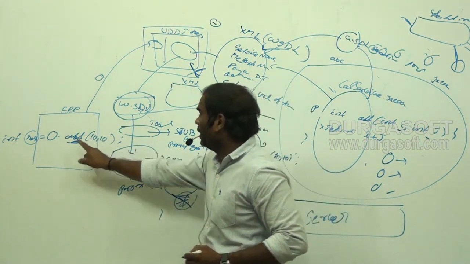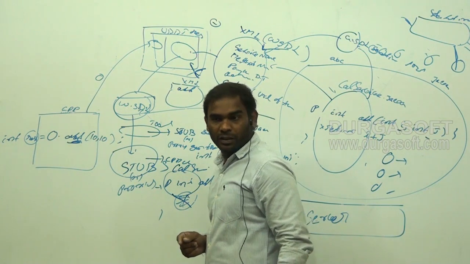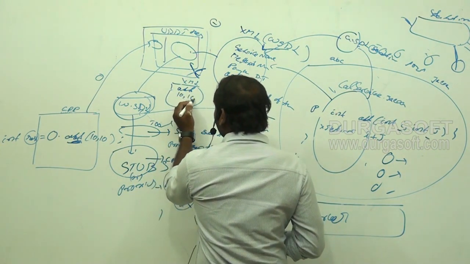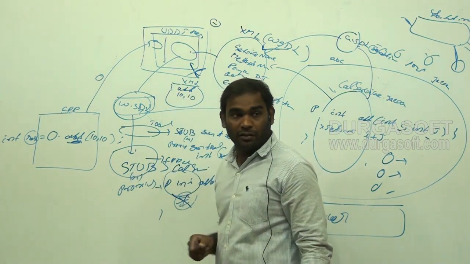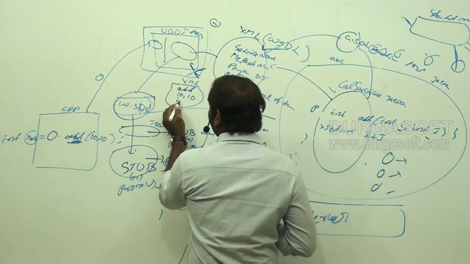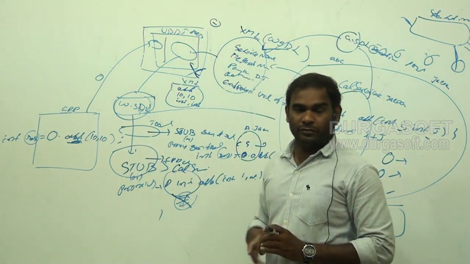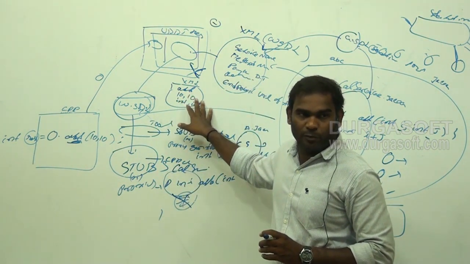Meaning, the method he wants to invoke is the add method, the parameter values are 10, 10, and the data types are int, int. It will prepare this XML document here.